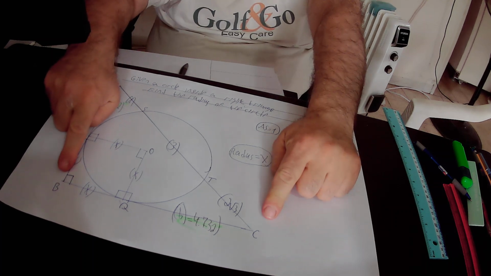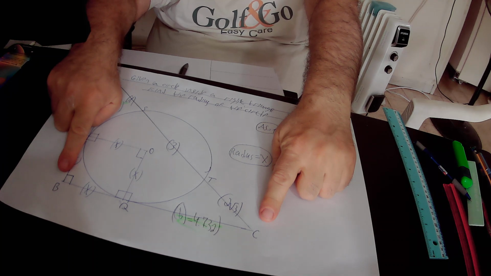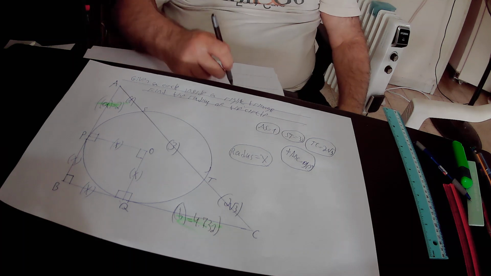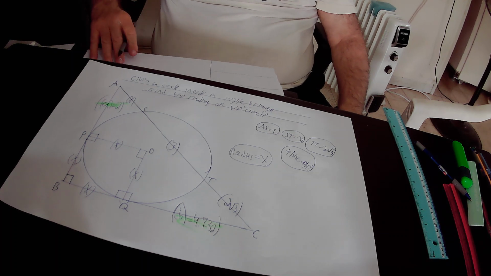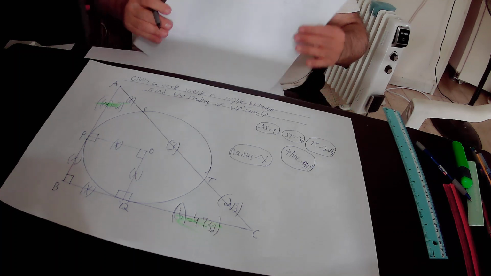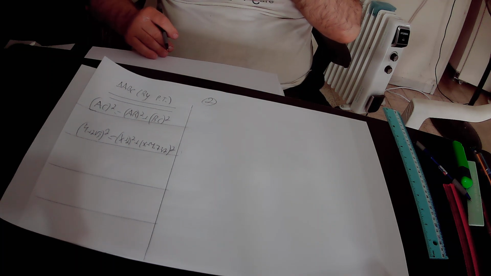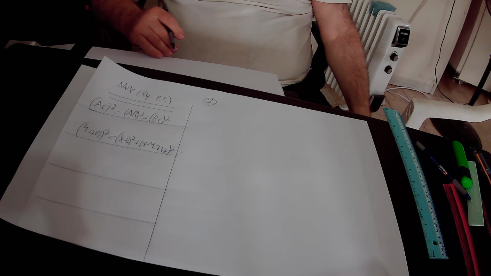Plus BC squared. From the drawing, it is very easy to see that BC equals x plus 4.732. Therefore, BC squared will be equal to x plus 4.732 squared. In conclusion, I have found out that 4 plus 2 times square root of 3 squared equals x plus 2 squared plus x plus 4.732 squared.